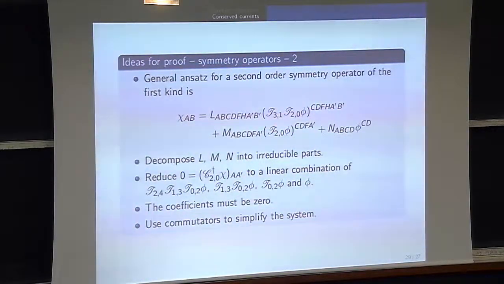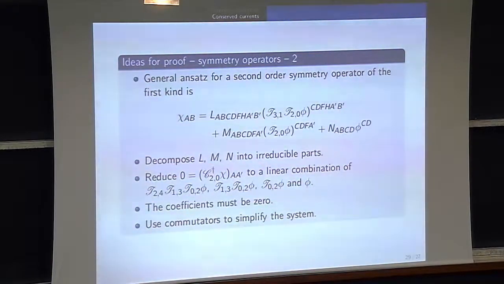Therefore we can make an ansatz like this. If we want a general second order differential operator, which should be linear, acting on a Maxwell field, then it must look something like this, if we want two indices left.